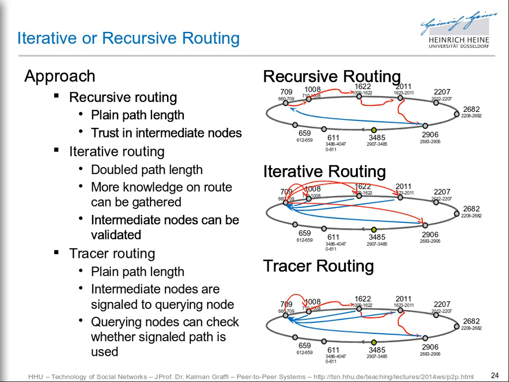Then we have the iterative routing. There we have more control over the routing process as we contact every node on this routing path. First of all, we contact this node because our finger table says this is the node we have to route to. This is our next hop.